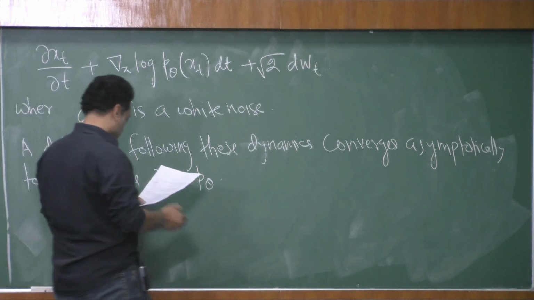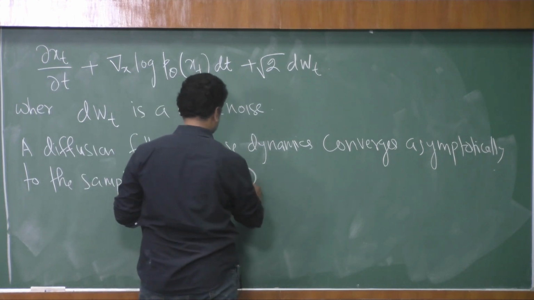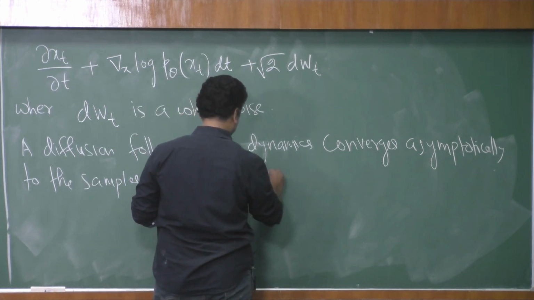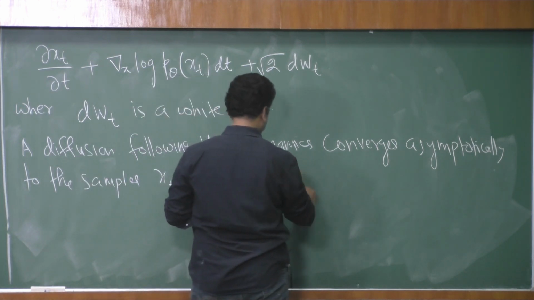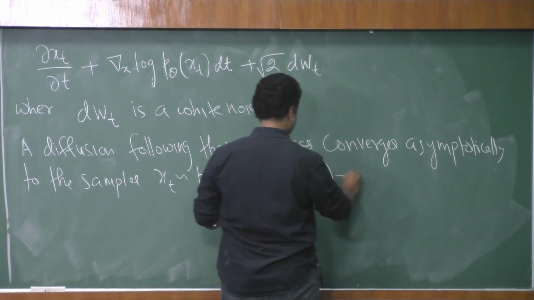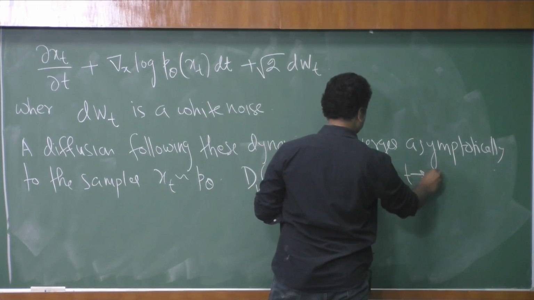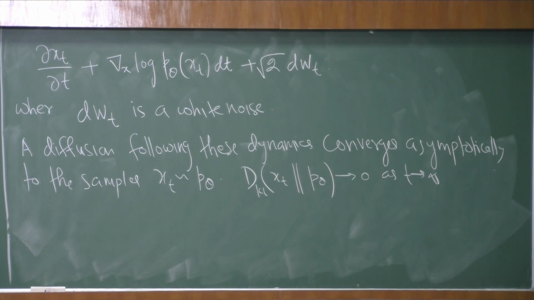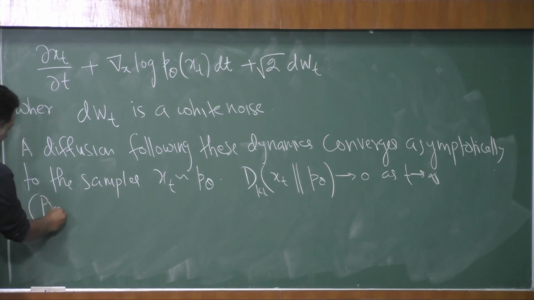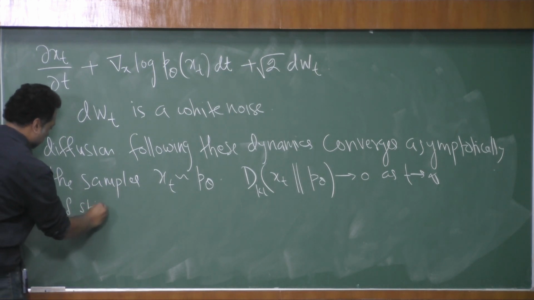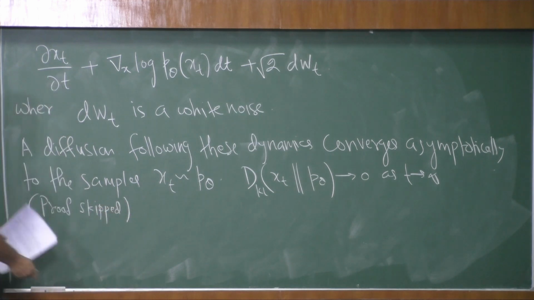So this means that the KL divergence between xt and p theta tends to 0 as t tends to infinity. So the solutions of the stochastic differential equation converge to p theta. Again, I'm not going to do a proof of this, so the proof is skipped. I can do this separately.